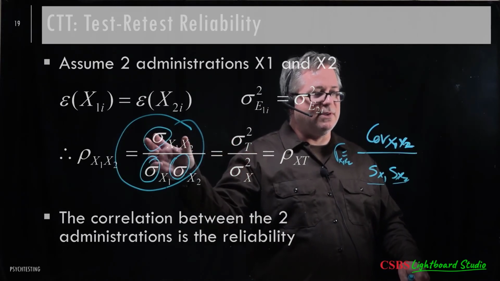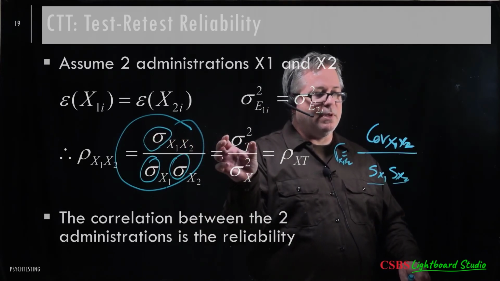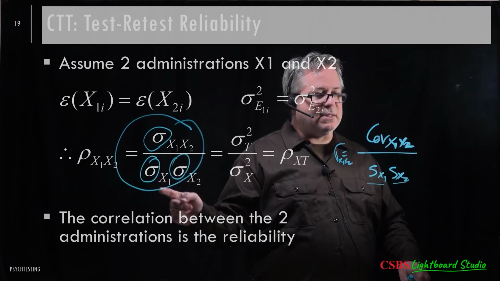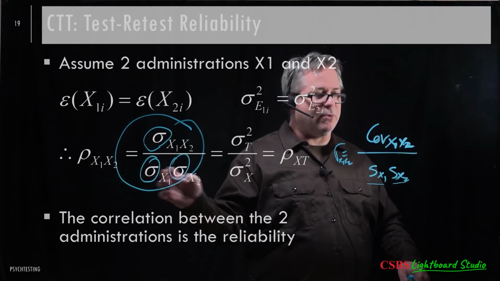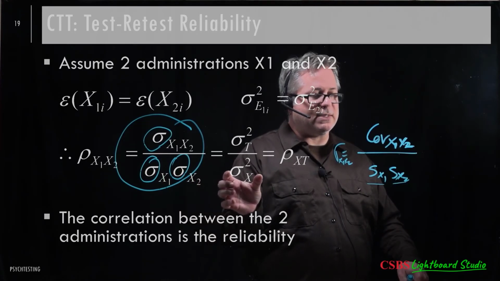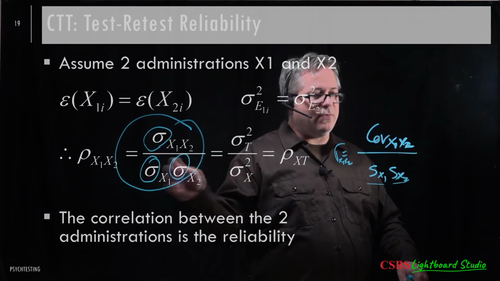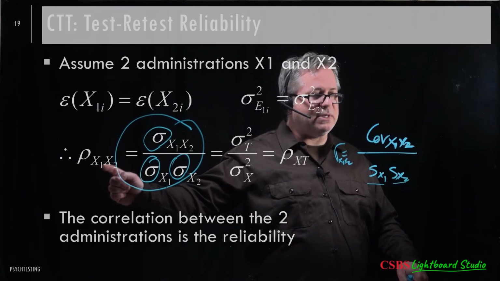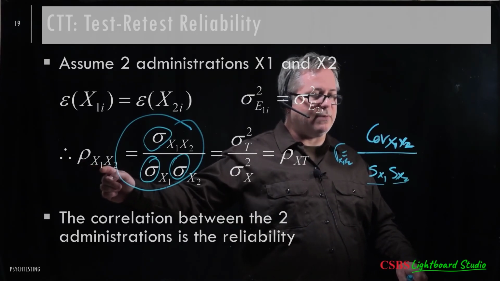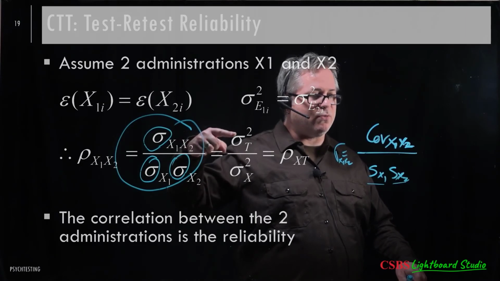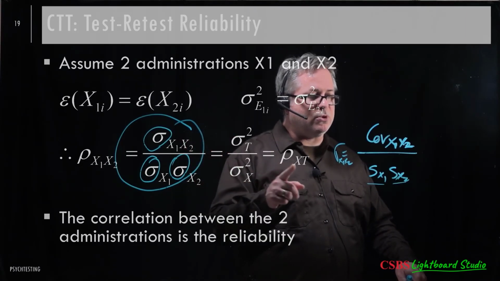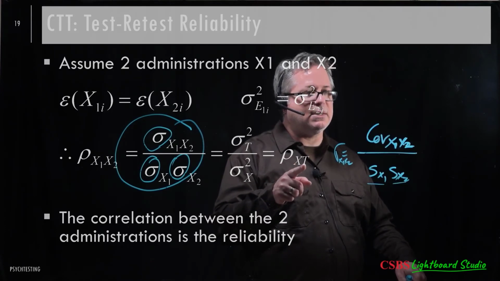These two things are the same thing. Because x is the same thing measured twice, it should have the same standard deviation. So when we multiply them across, we're getting just the variance of x. So if we correlate the test and retest of a test that we create from the domain, it's the same thing as looking at the ratio of the true score variance over the variance of x, which will give me a correlation between x and t.